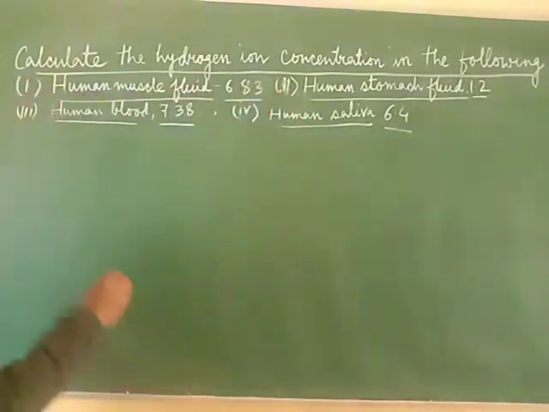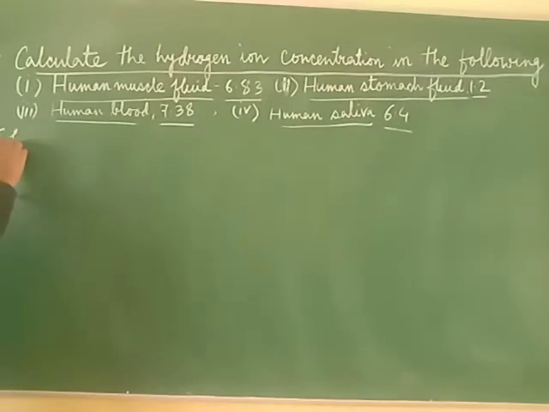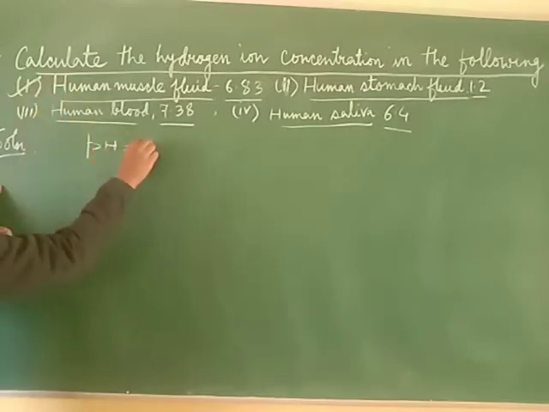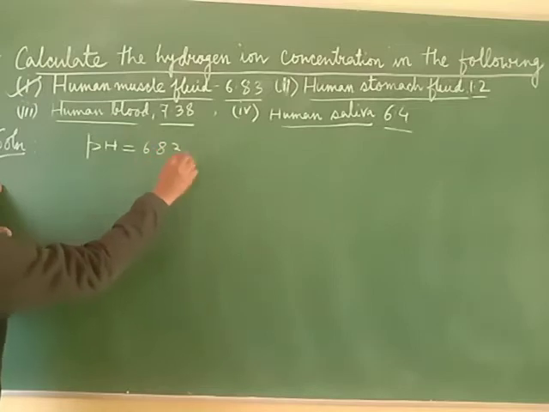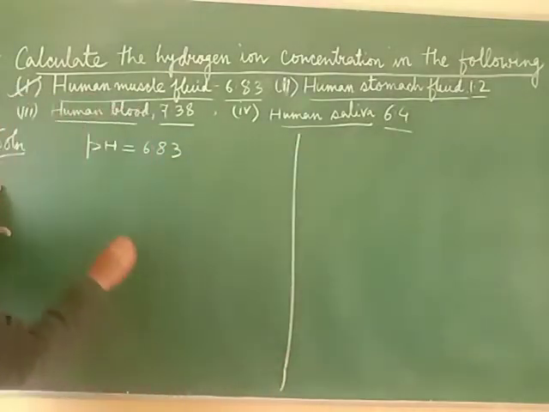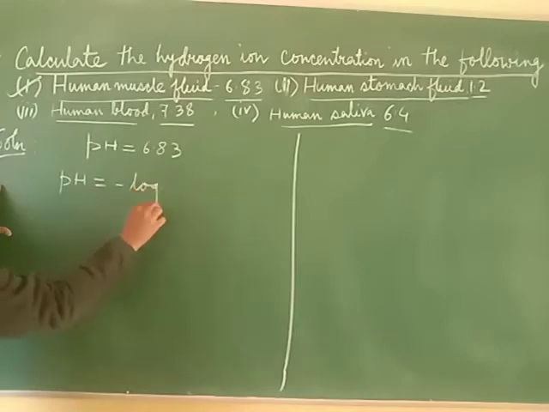So let's solve question number 1. That is, we are given pH is equal to 6.83. Now we have to use the same formula, that is pH is equal to minus log of H3O plus.